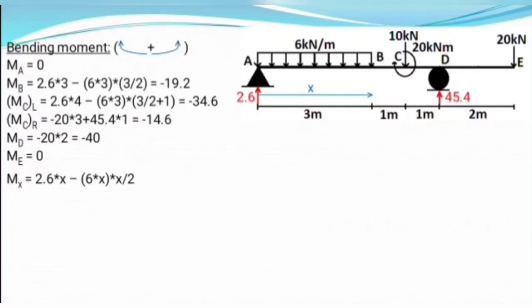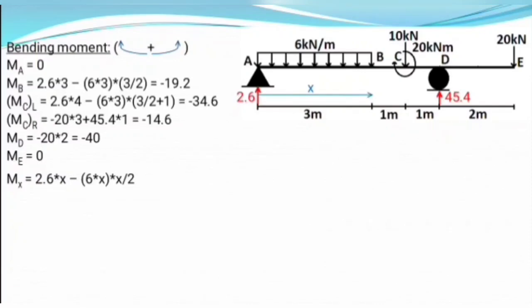And how is it calculated? Here you can see 6 times x is the total force created by the UDL, because we are only considering the portion of UDL on the left of that point. On the left of that point its span length is x, so the total force due to UDL equals 6 times x, and this force acts from the center of that span of UDL.